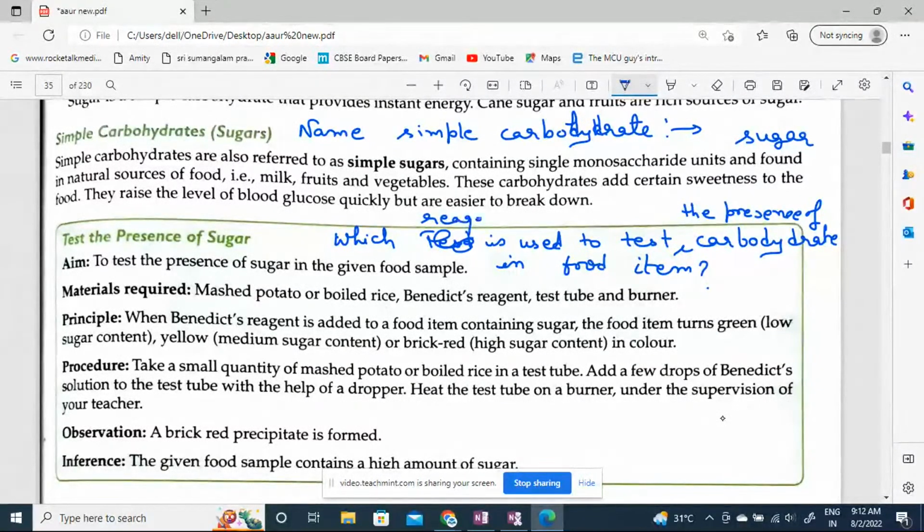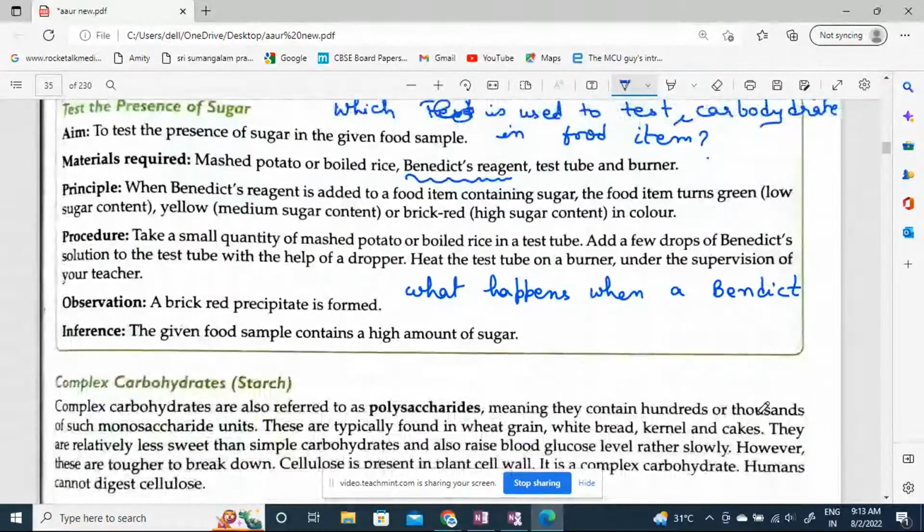Which reagent is used to test the presence of carbohydrate? That means the Benedict reagent. So, next question. What happens when Benedict solution is added to any carbohydrate? I'm not explaining this because I am explaining it to you in MTG.